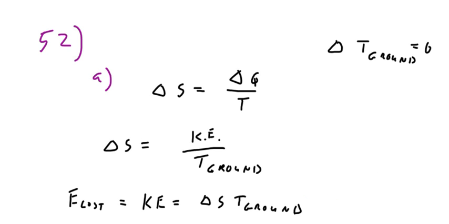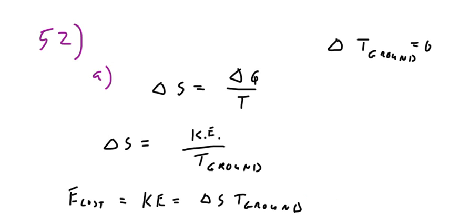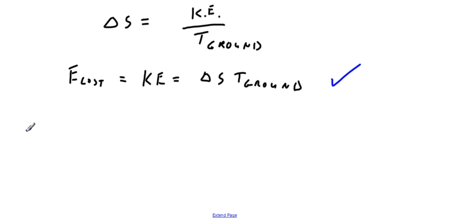And what are we supposed to show? The unavailable work, and that would be the lowest temperature. Okay, so the temperature of the ground is the lowest temperature, and we are done. Check. All right, so it works in that case.